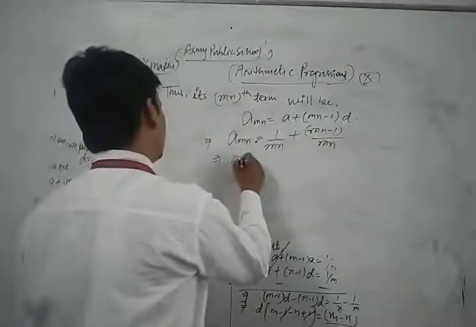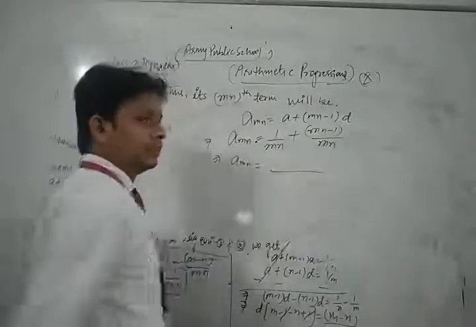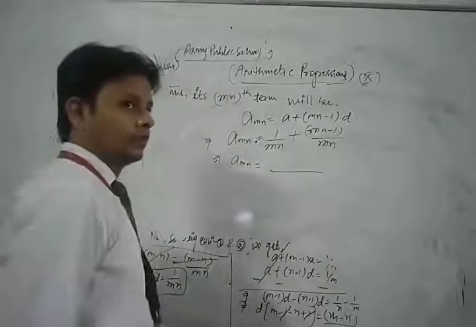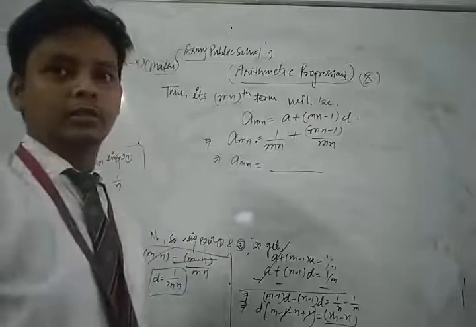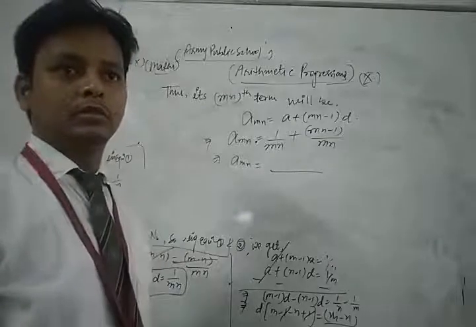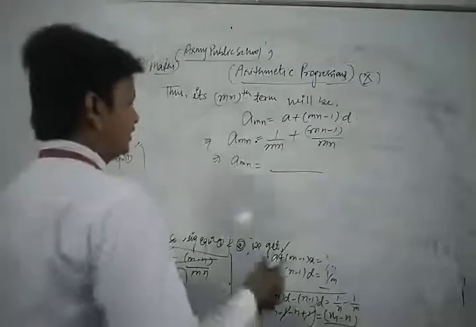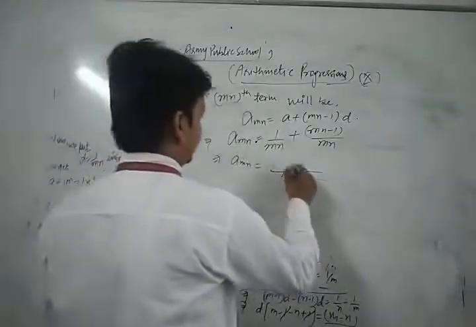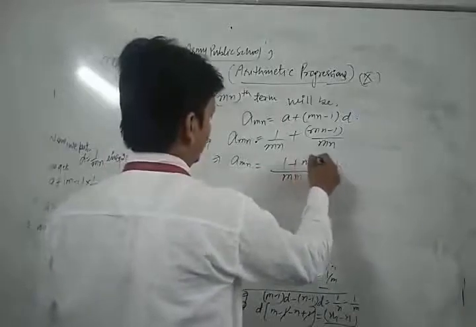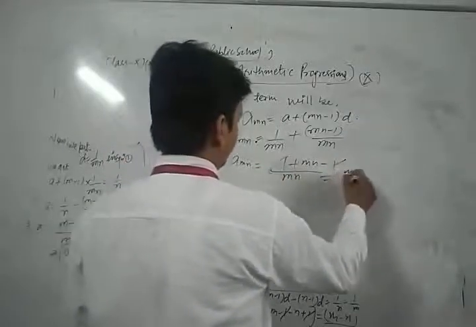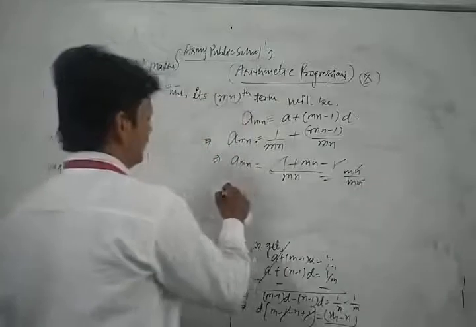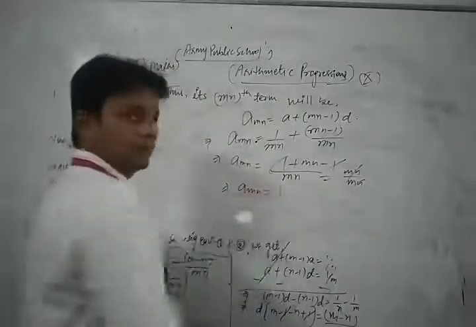Thus, we take the LCM of their denominator. Now we take mn as LCM, so 1 plus mn minus 1. Now the m's cancel to each other, so mn upon mn. Thus in this way the value of its mnth term is 1.